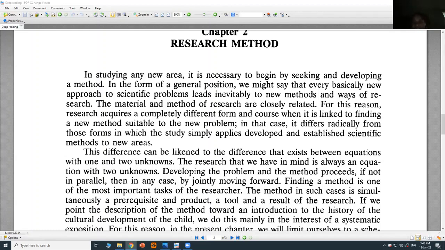So maybe at some point, you don't know that you have a new area of a new scientific problem until you realize that you have to find a new way to understand the problem. So you find a new approach and then you seek new methods.